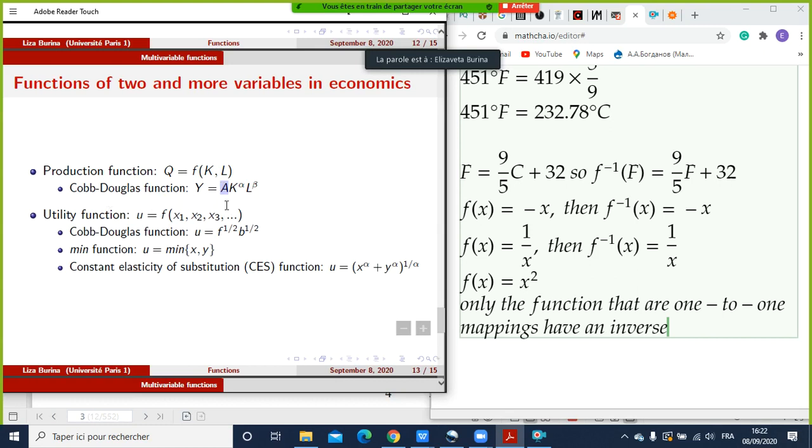Then utility function, another example. Here I wrote utility of many. Actually, in the case of a utility function, you will for sure see a function of 3 variables. 4, will you see 4? Maybe. And here the Cobb-Douglas function is a classic of your microeconomics. You're going to meet your professor, Angelo Secchi, and you're going to fall in love with him.